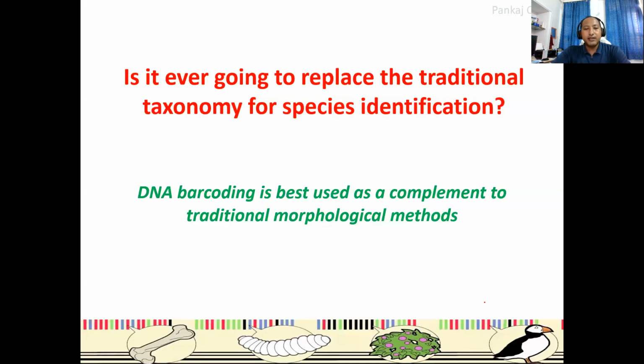Another important thing is, sometimes morphological taxonomy fails to distinguish the difference between some closely related species, or morphological taxonomy might have considered two individuals as the same species, but you may find some significant differences in their DNA sequences. So you can propose that no, there is a significant difference in their DNA sequence, so they may be segregated.